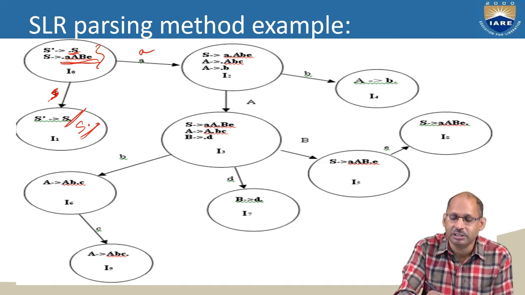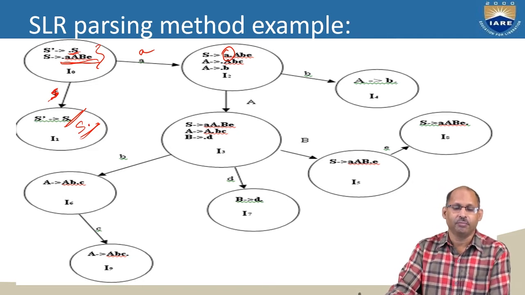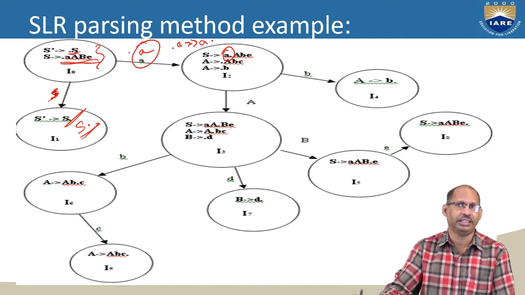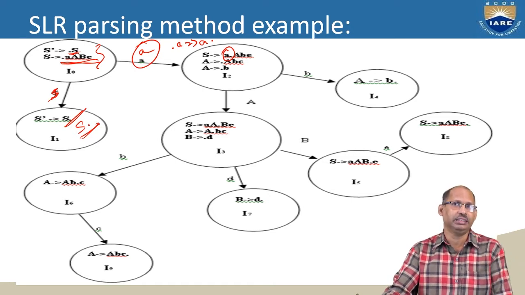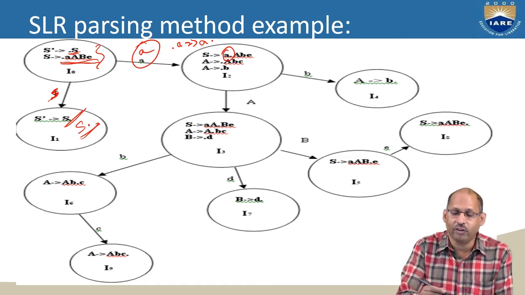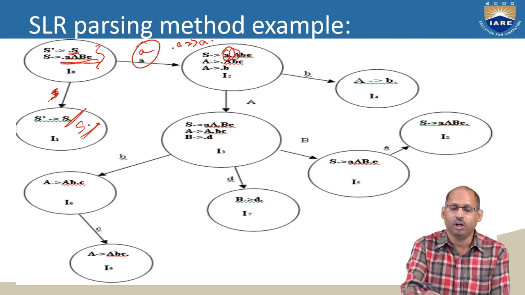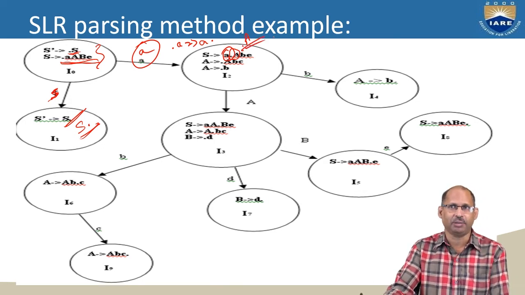Dot a is becoming a dot on the goto operation a. Now, what is it resulting in? Dot followed by capital A.